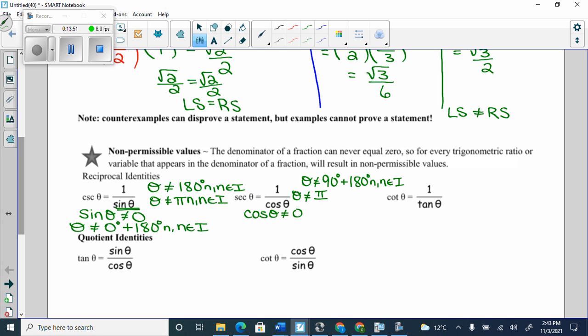Pi halves. Pi halves plus pi N, N an integer.